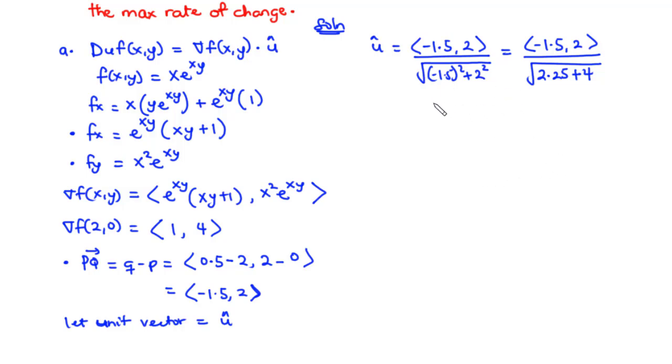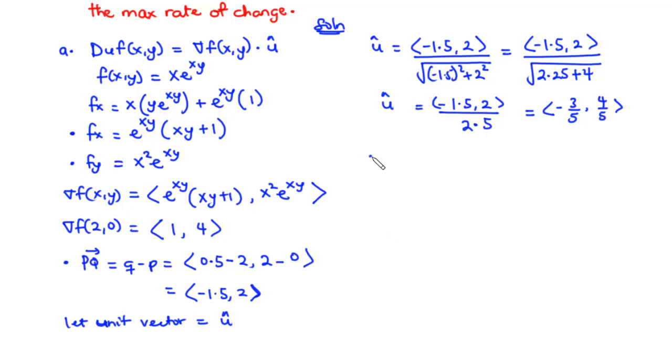So this finally becomes negative 1.5, all divided by the square root of 6.25, and that is equal to 2.5. So we are going to have negative 3 over 5, 4 over 5. So that is the unit vector u cap.